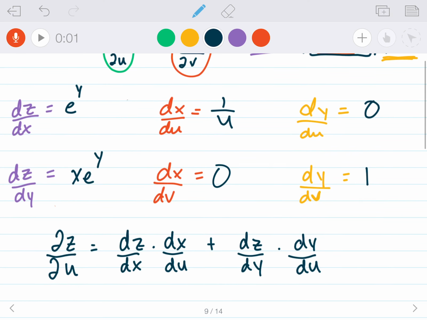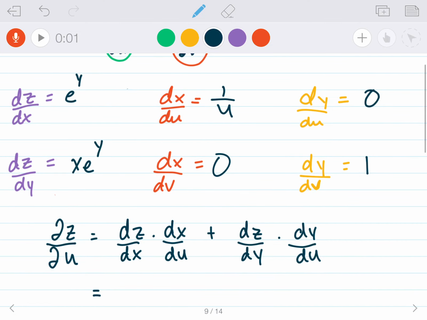Okay, now I can plug everything in. So dz dx is e to the y, so I have e to the y times dx du, which is 1 over u, times 1 over u, plus dz dy, that's x e to the y, times dy du, which is just 0, right?